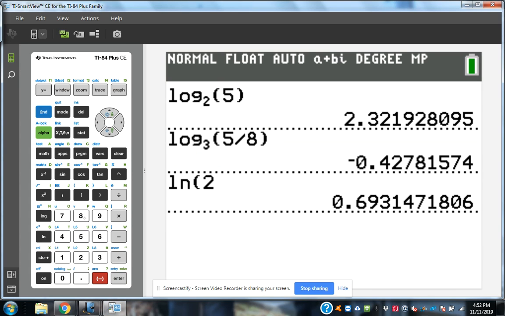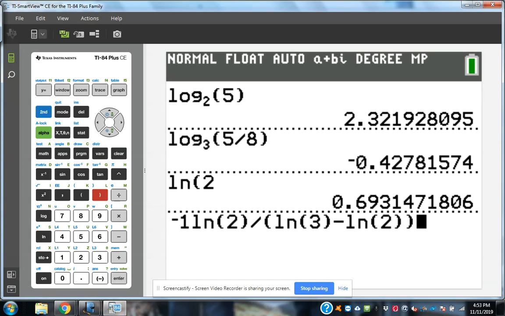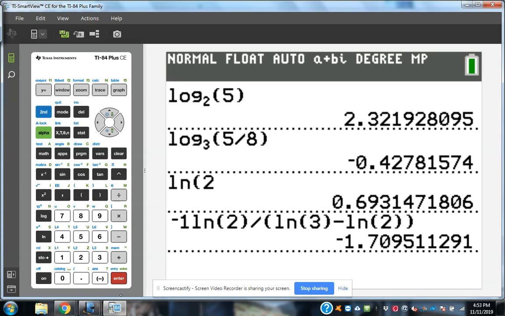So I'm going to take negative 1 natural log of 2, close the parentheses, divided by parentheses natural log of 3 minus natural log of 2. Close those parentheses up. I do wish I did that. Let me start over.